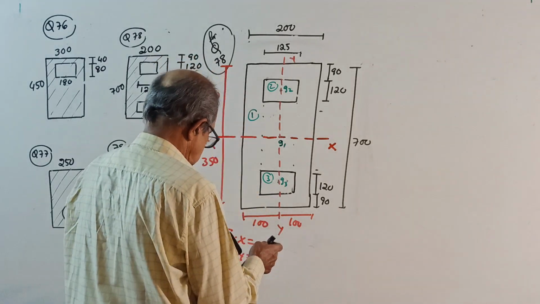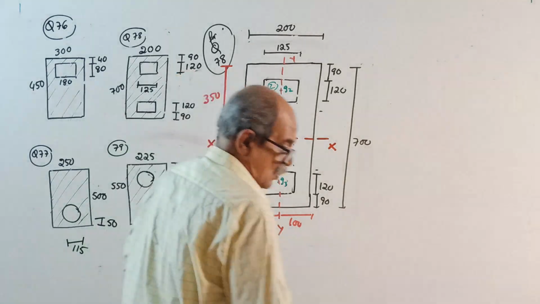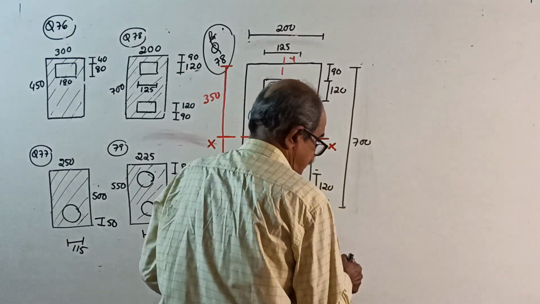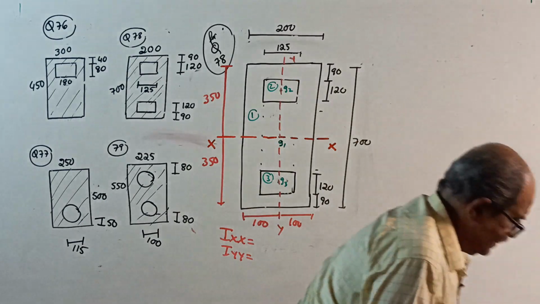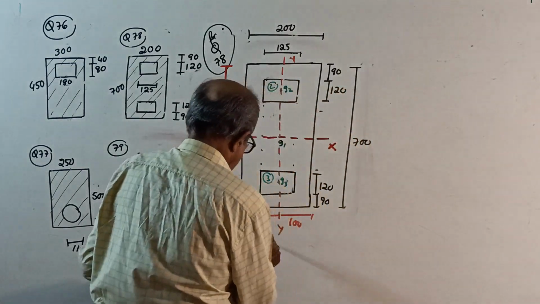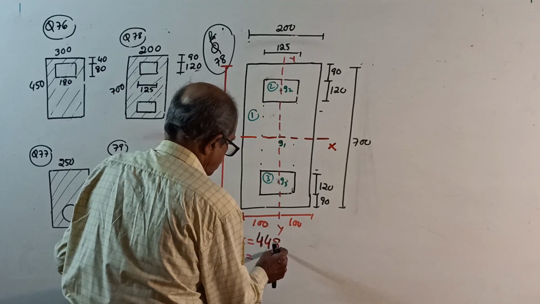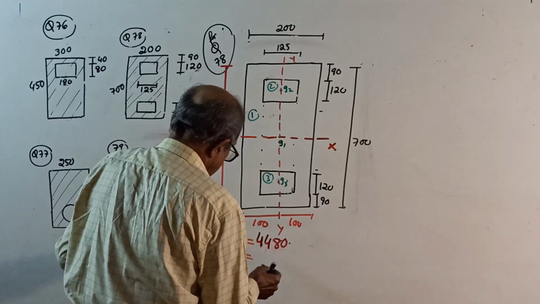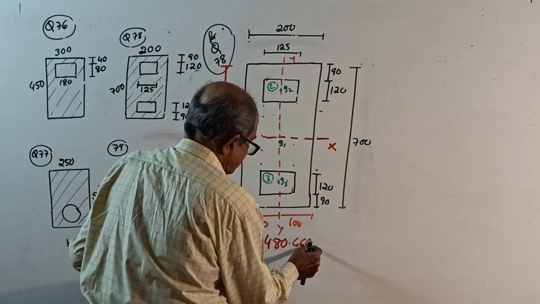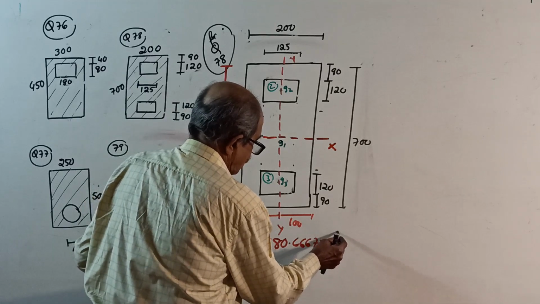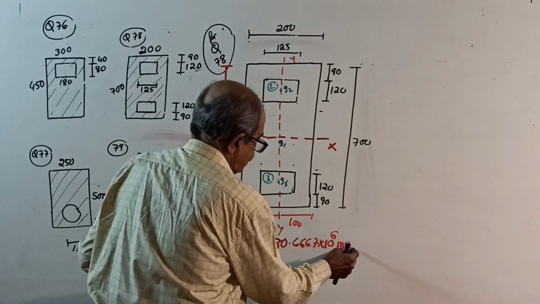IXX is 4480, it's a color problem, 4480.6667, 10 to the power 6 millimeter power 4.